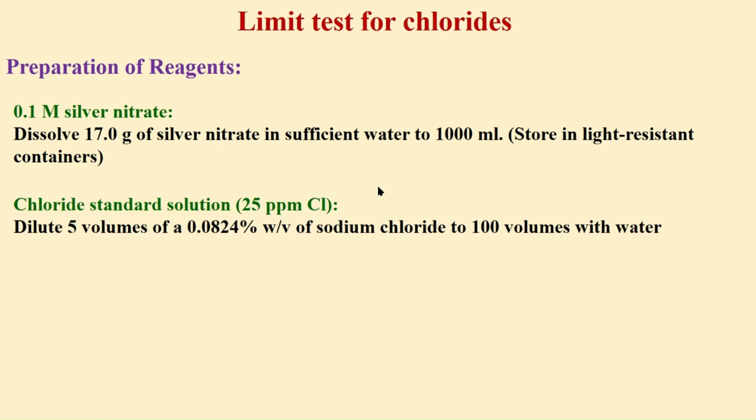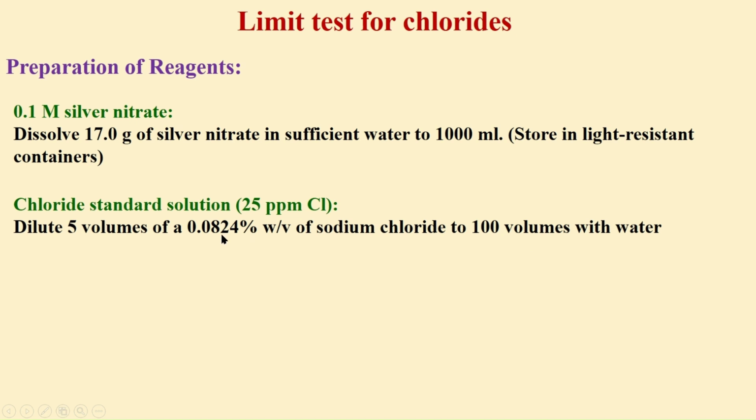We can prepare the chloride standard solution which contains 25 parts per million of chloride ions. We take 5 volumes of 0.0824% weight by volume solution of sodium chloride and make up the volume to 100 ml with water. What is a 0.0824% weight by volume solution?